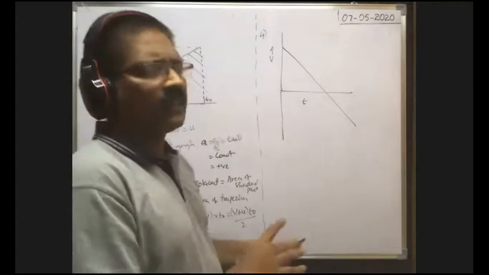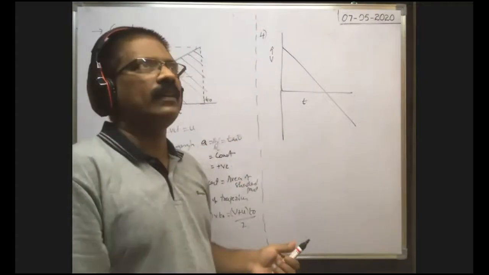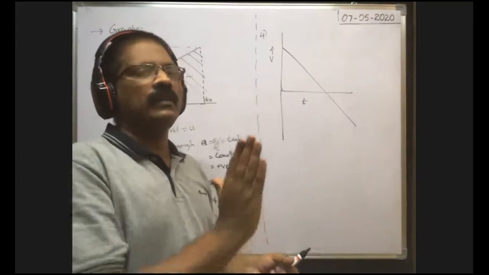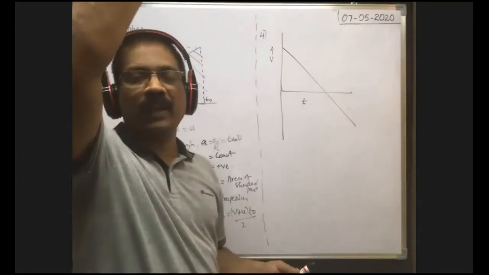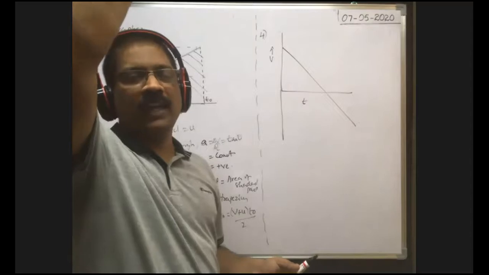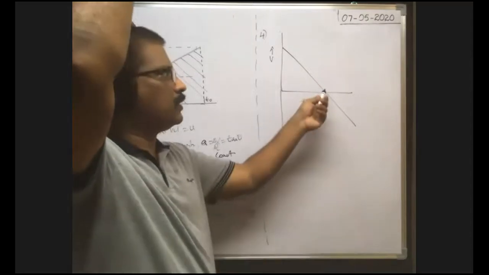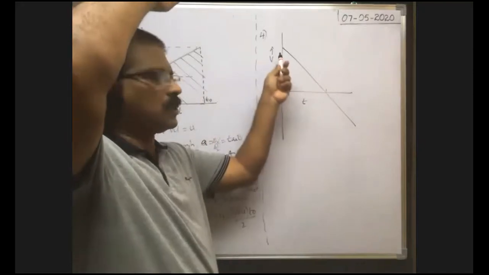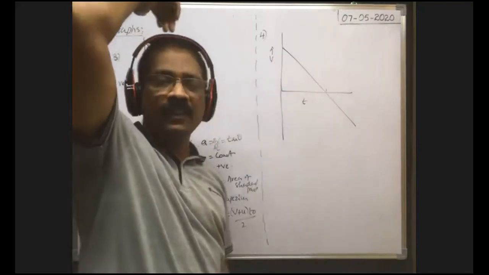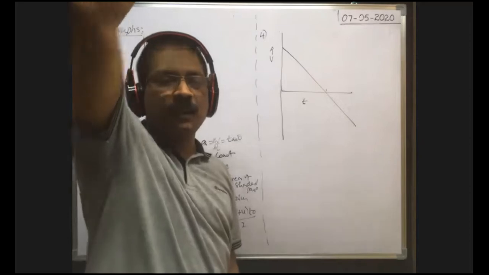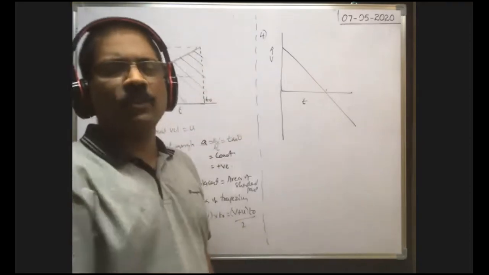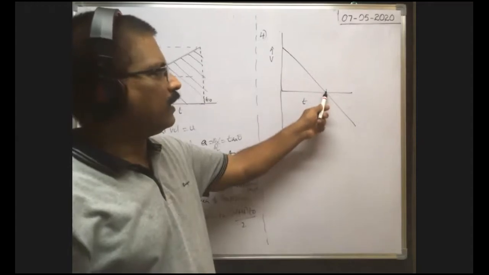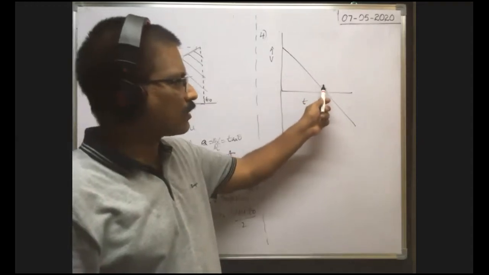Whenever you throw a body vertically upwards, the velocity of the body is in the upward direction, that means positive y direction. After reaching the highest point, velocity becomes 0. But from that point it comes down, no? So velocity is along the negative direction. Then it reverses the direction of motion and travels downwards.